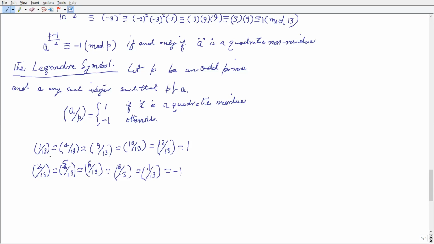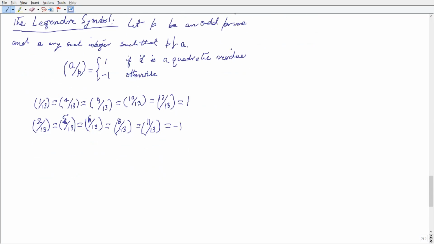Okay, so now we can rephrase Euler's criterion.